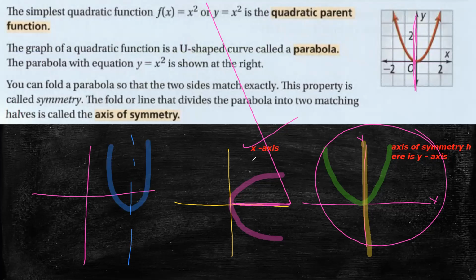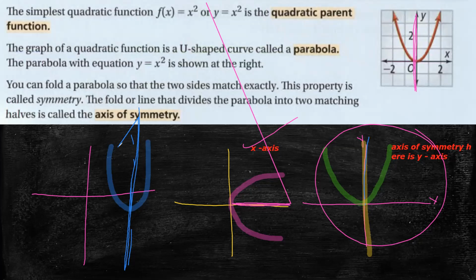Is it clear? Miss, I didn't understand the blue one. This is extra information. Just to tell you that this is the parabola. If the line cuts the parabola into two equal halves, I will call it line of symmetry.